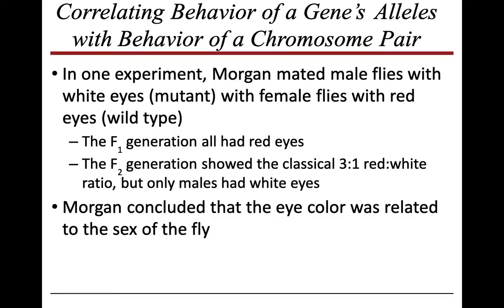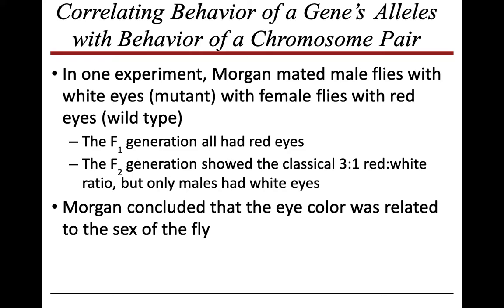In an experiment, Morgan mated male flies with the white eyes, which were mutant, with female flies with the red eyes. What he noticed was that the F1 generation had all red eyes. Then the F2 generation showed the classic 3-to-1 red to white ratio. But what was interesting was that males only had the white eyes.